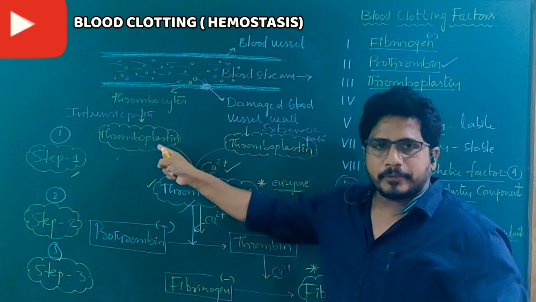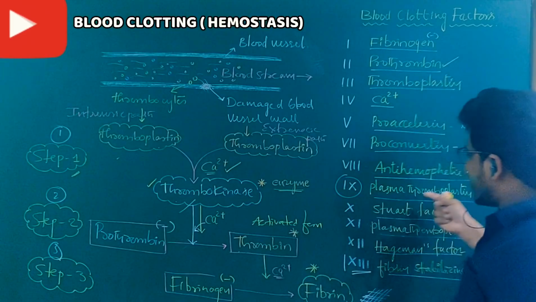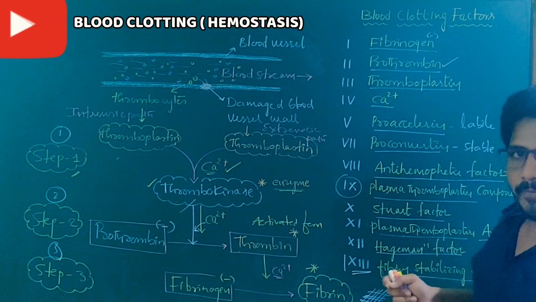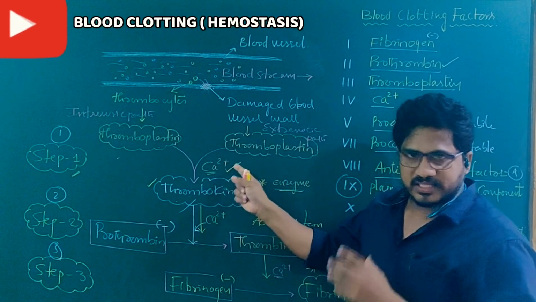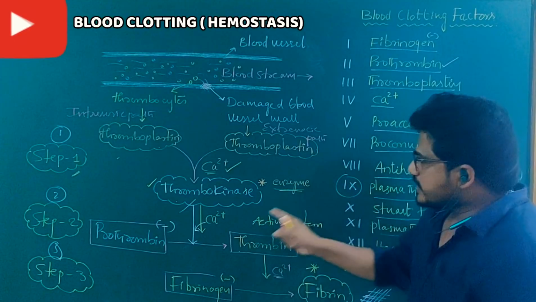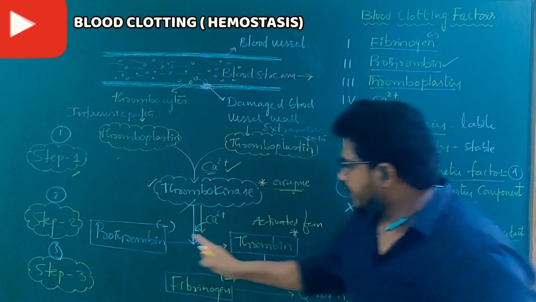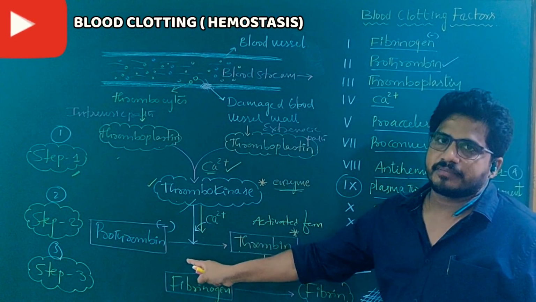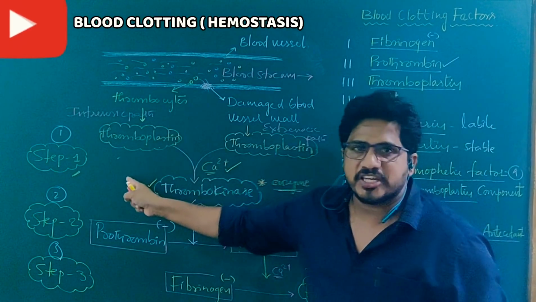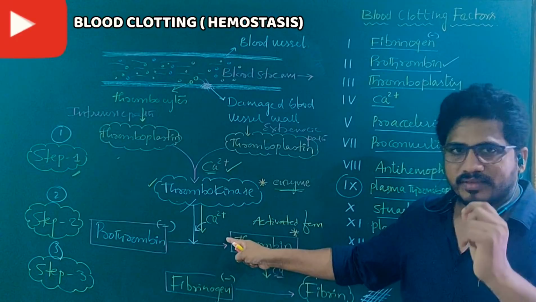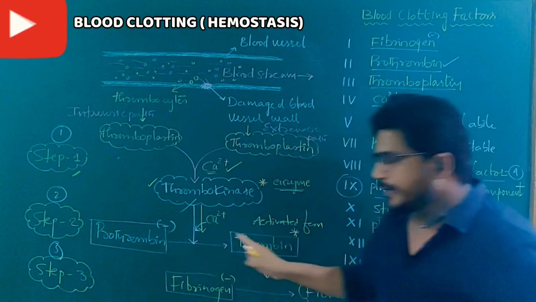So the enzyme comes from the protein through many factors: pro-convertin, pro-accelerin, anti-hemophilic factor, plasma thromboplastin components and so on. Once thrombokinase is formed with the help of calcium and other clotting factors, it helps to convert prothrombin into thrombin. This is the second reaction. The first reaction results in thrombokinase, the product of the first reaction, and it acts as a converter or activator of prothrombin into thrombin.